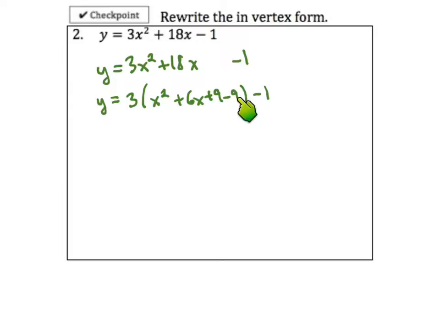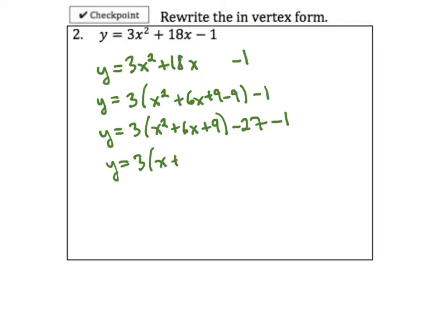And now I'm going to pull out that -9, but I've got to multiply it by 3. It's going to be minus 27. And now I can factor this into the square of a binomial. And simplify that last part.